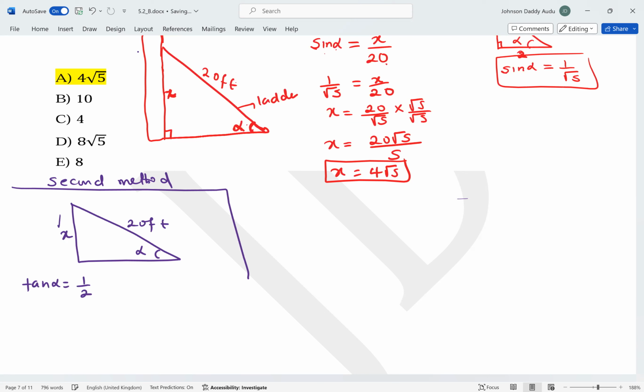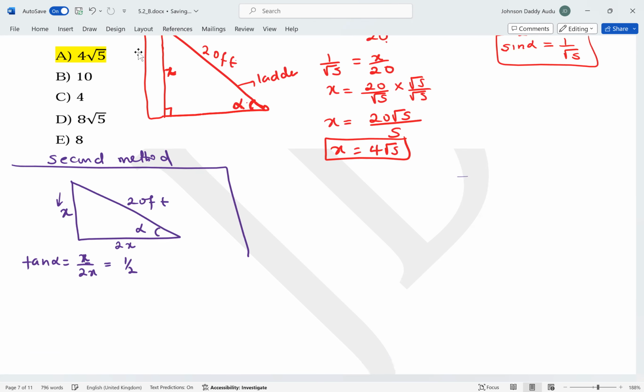So if this is x, remember, this is what you are looking for. For you to get 1 over 2, it means you have to make this one 2x, right? Yes, because tan alpha will be x over 2x, which is going to be 1 over 2. This makes sense, right? So with this, we can find x.